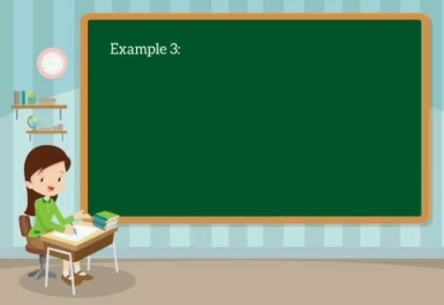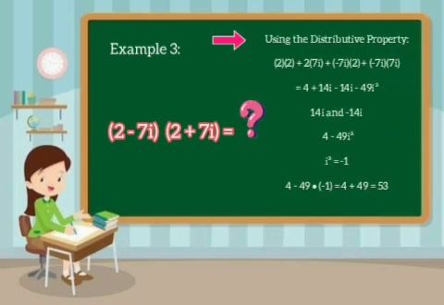Alright, now we have example 3. Multiply 2 minus 7i and 2 plus 7i. Using the distributive property, 2 times 2 plus 2 times 7i plus -7i times 2 plus -7i times 7i equals 4 plus 14i minus 14i minus 49i squared.